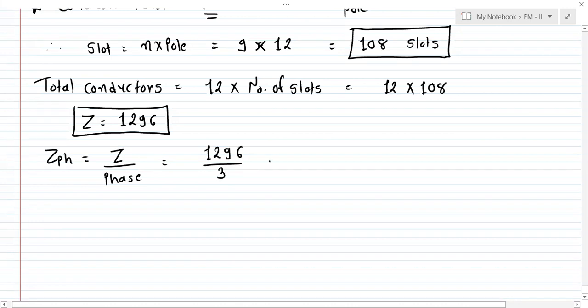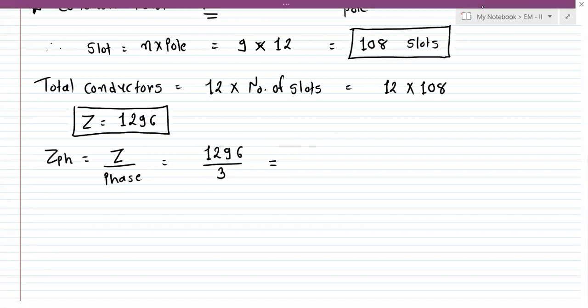So 1296 divided by 3. What should be the value? Okay, 432.